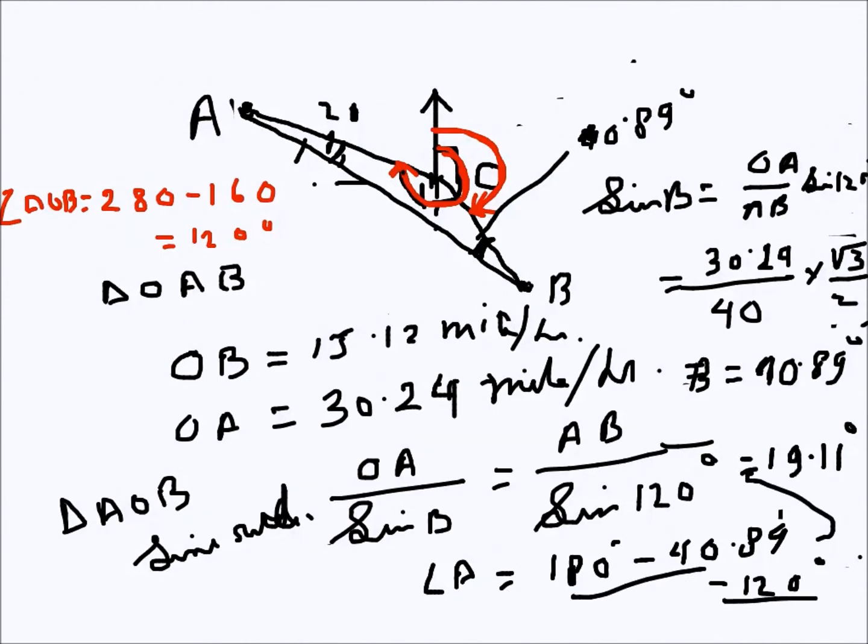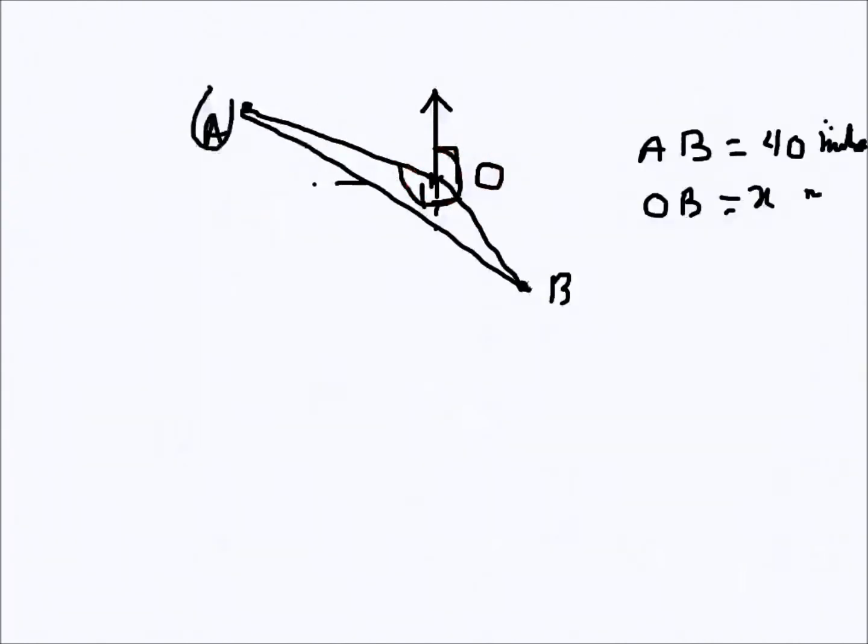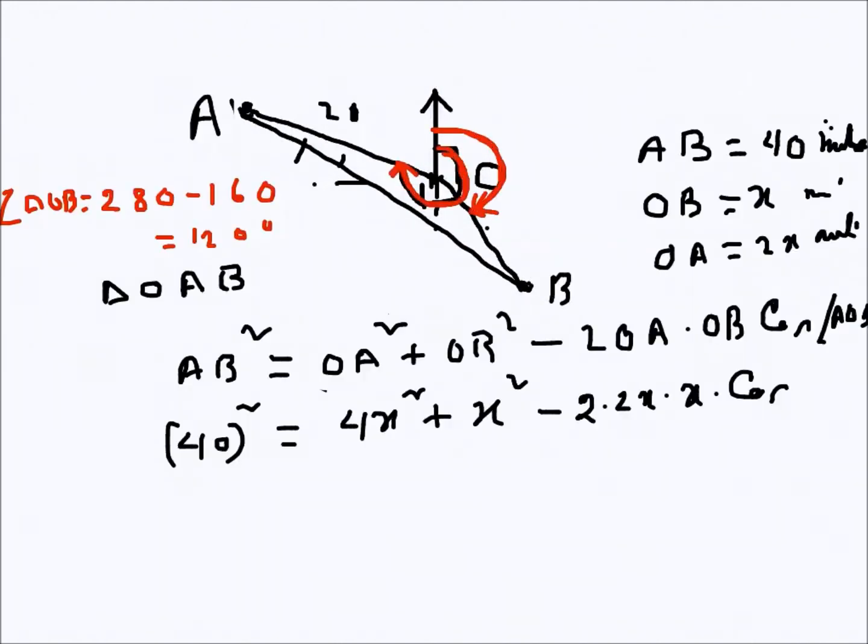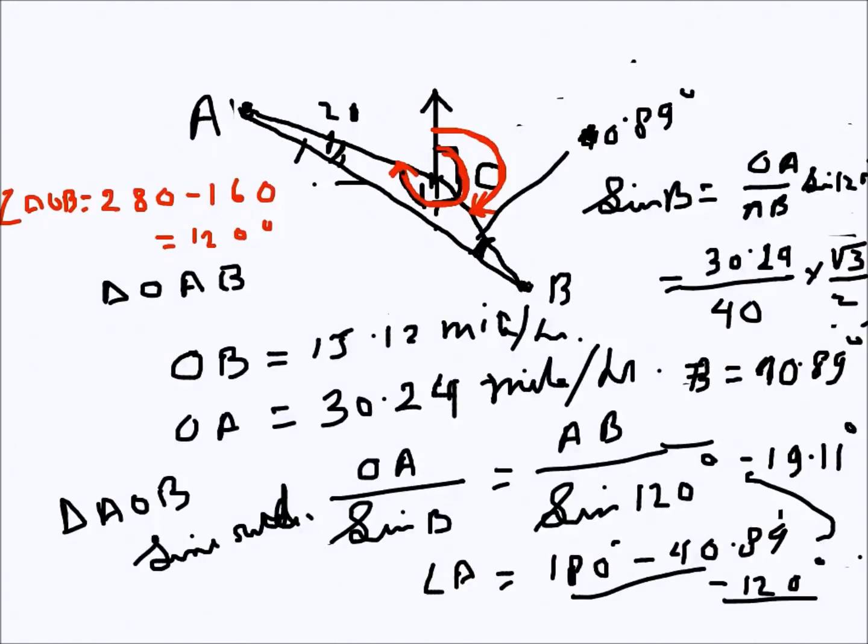It could also be found by using the sine law again, with OB and sine A, where OB becomes 15.12, and that would yield this result. So I've just done that. I will erase this part. So yeah, that's what it is. All the sides and the angles are found.